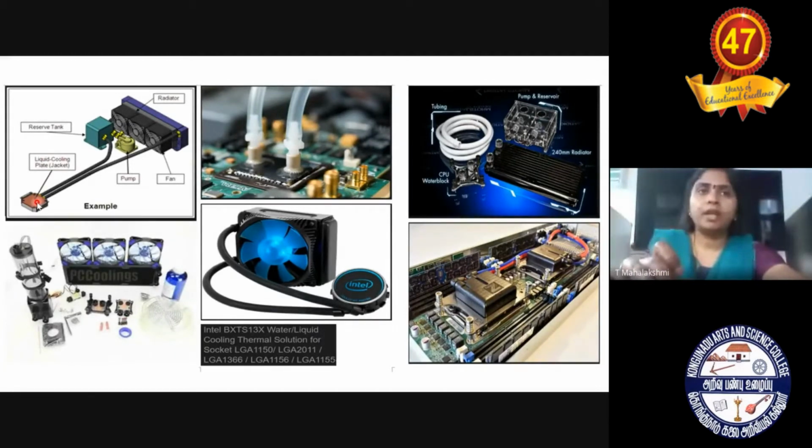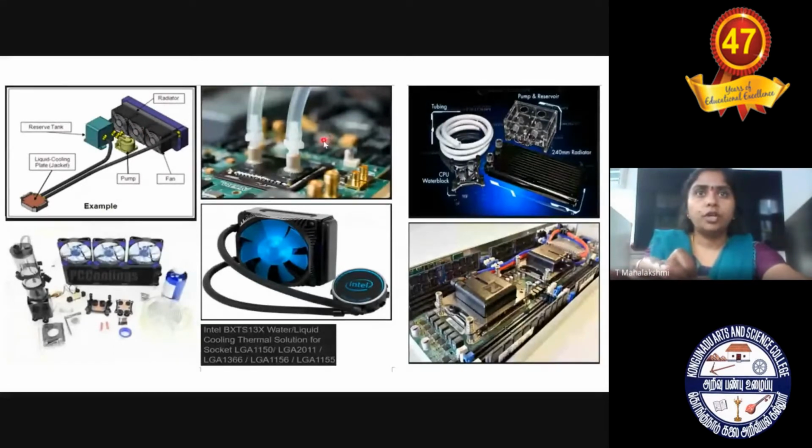Once you place the chip on this liquid cooling plate, it will obviously be cooled, because this is filled with a nanofluid. So the purpose of using the nanofluid is to keep the equipment cool. So these are all the supporting devices.